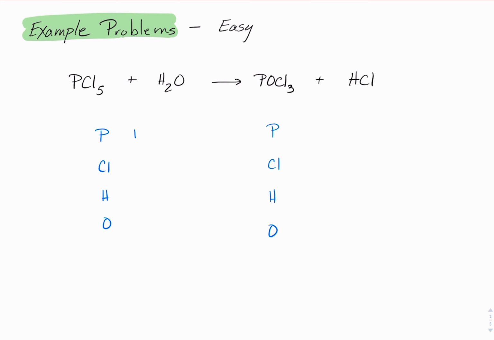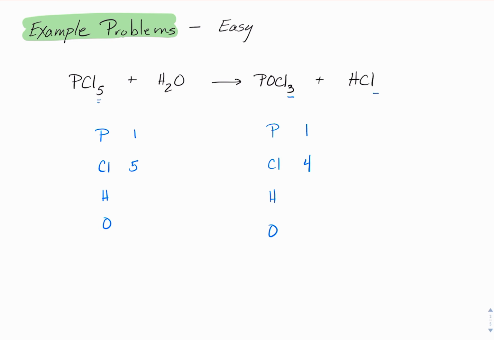So right now I have 1 phosphorus on the left, 1 on the right, 5 chlorines on the left because of the 5 in the subscript of PCl5, and a total of 3 plus 1 chlorines on the right-hand side, which is 4.